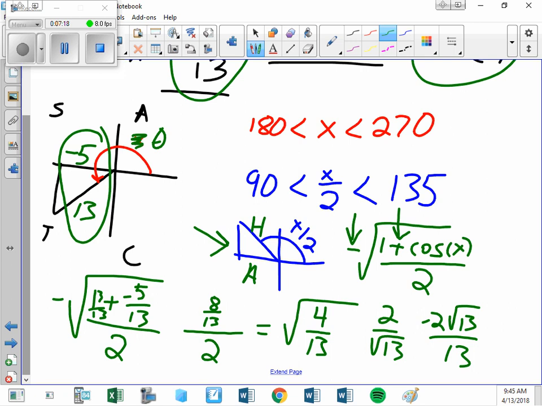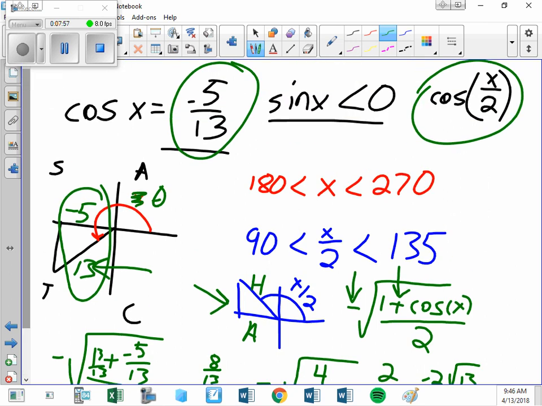Yes. Not necessarily. So she's asking, my original hypotenuse was 13. Does that mean that my new hypotenuse is going to be 13? That might be true with sine and cosine, but with tangent, that's probably not the case. And it could be possible. My guess is it wouldn't always be 13. I'm not sure, though.